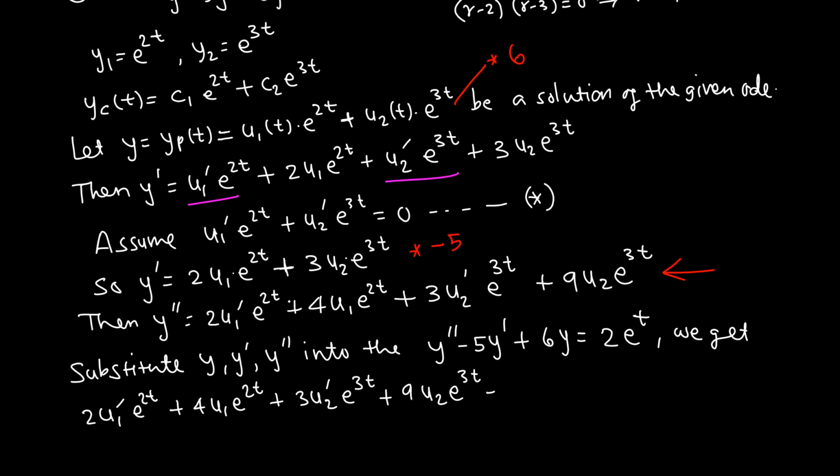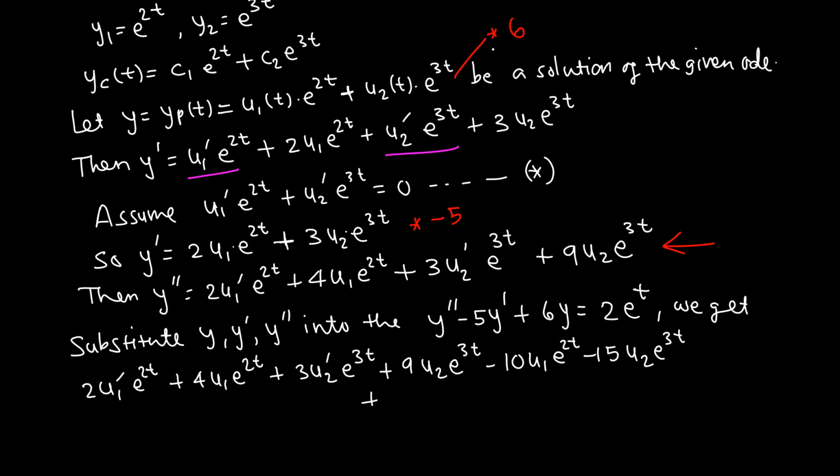Negative 5 times 2, minus 10u1 e raised to 2t, minus 5 times 3, negative 15u2 e raised to 3t. That's negative 5y prime. Plus 6y, 6 times the original: 6u1 e raised to 2t plus 6u2 e raised to 3t.